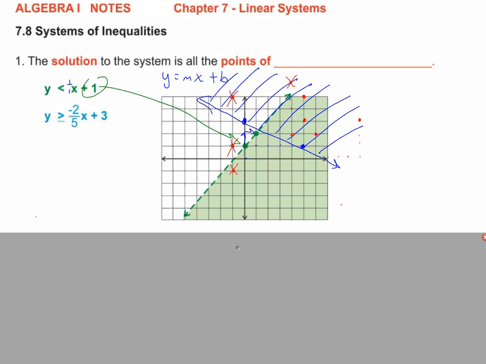That is an answer. Kirsten. That is an answer. Somebody else give me an answer. Eduardo. Negative 1, 10.